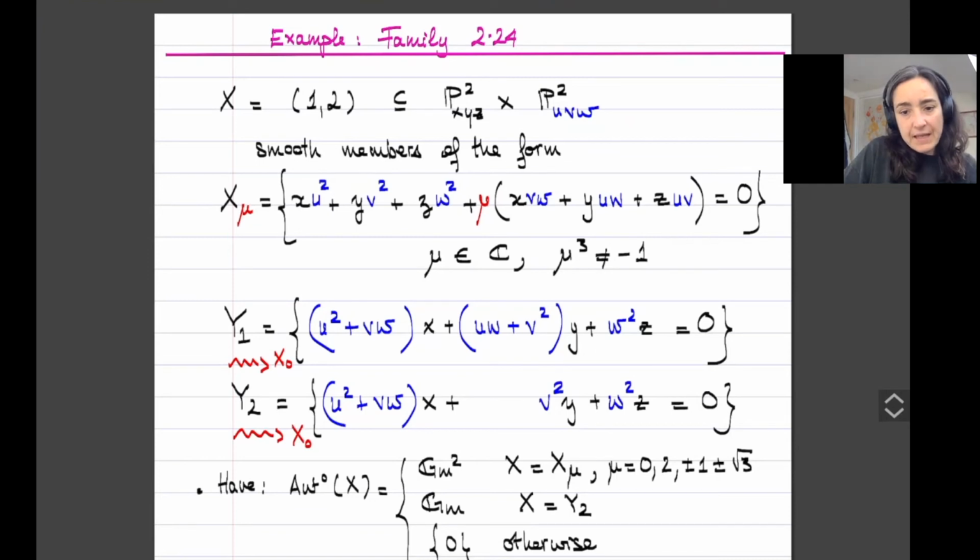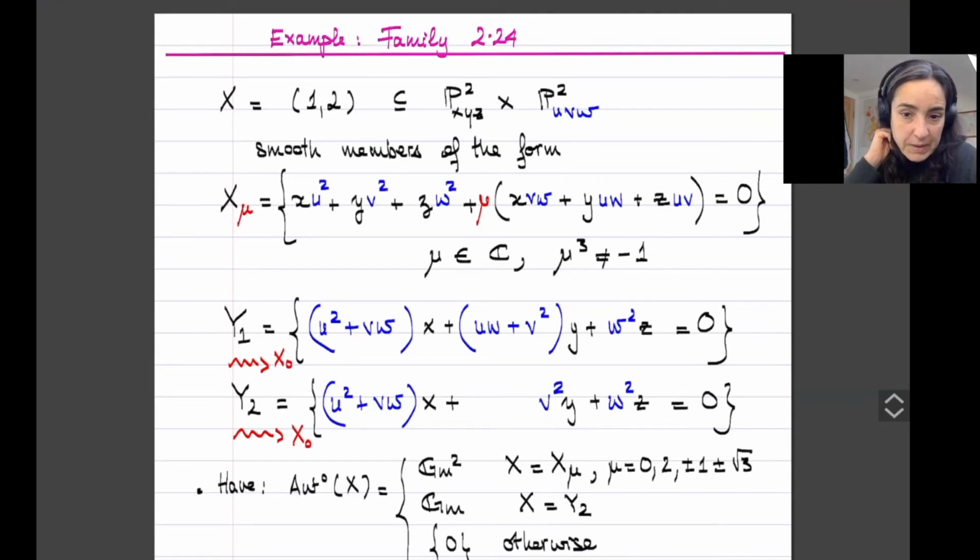So I should say that these requirements that mu is in C and mu cubed is not equal to -1 only have to do with X_mu being smooth. So if you consider mu equals infinity or mu cubed equals -1, you still get KLT Fano varieties that are in these deformation families.